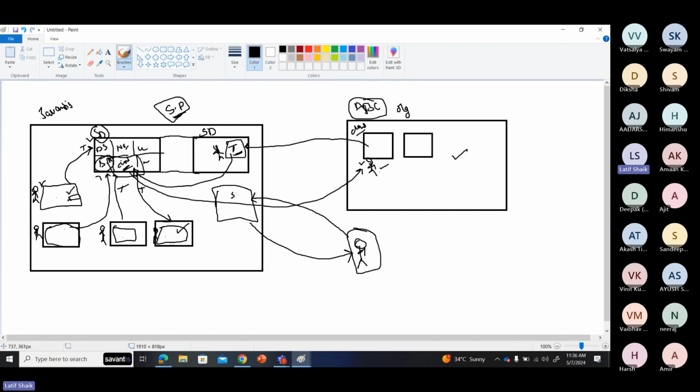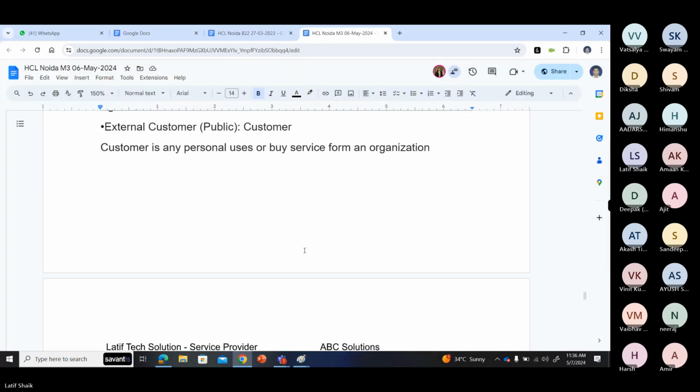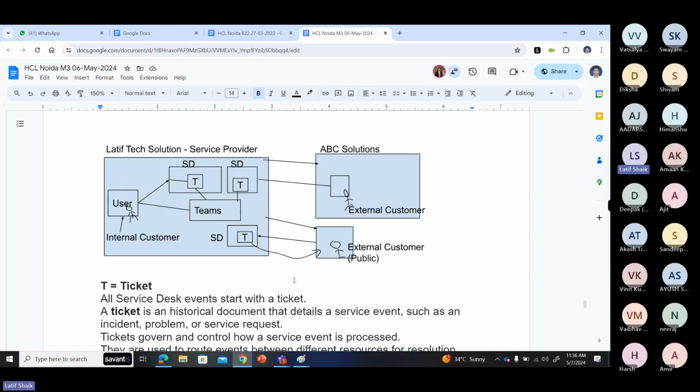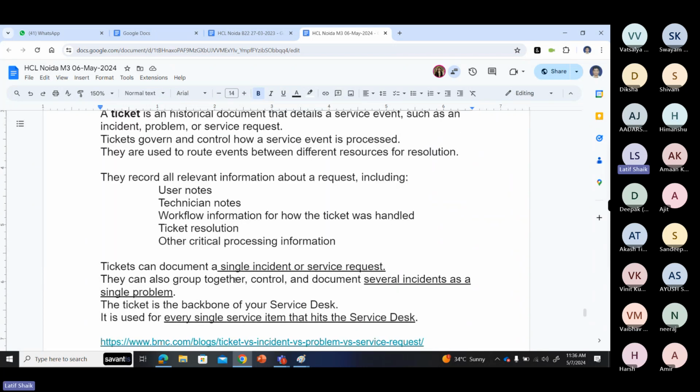Service desk will provide support to resolve the customer's issues, give the information, or change his services. That is the thing. And the customer can reach out in different ways, maybe directly, by email, or through an external application. Guys, do you understand the different types of customers?